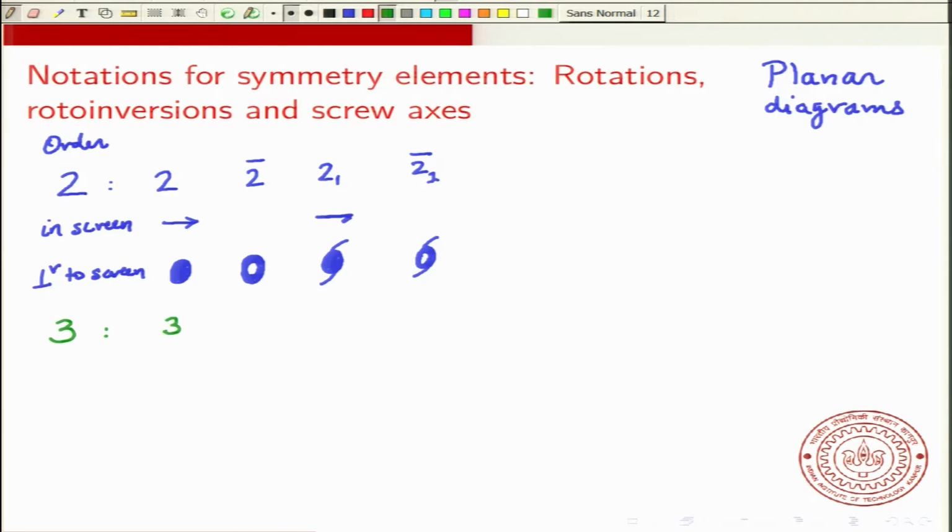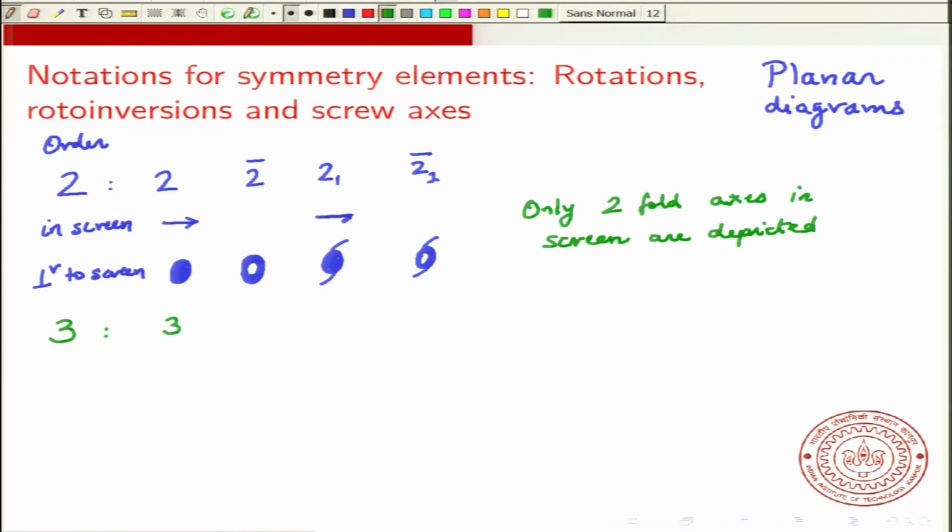Only twofold axes in the screen are shown. So let me emphasize this point: usually only twofold axes in the screen are depicted.